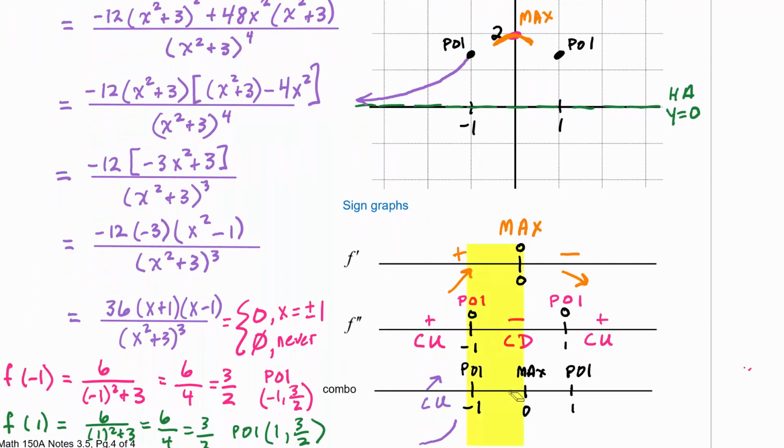Now, in this region of the graph, from -1 until 0, we are going to be increasing and concave down. So we know that this portion of the graph will have to look like this, and that actually makes sense with what's going on from the point of inflection to the max. It has to be increasing and concave down.